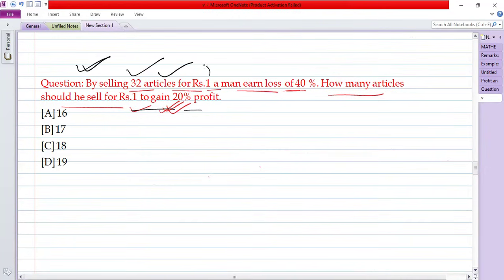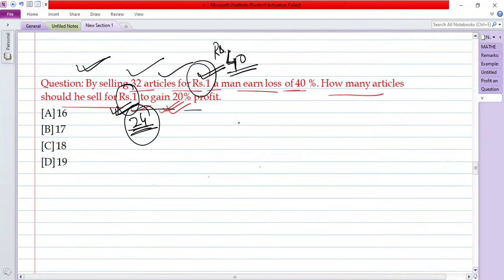Actually, here the selling amount is same. In the previous question, the first selling amount was rupees 40, and the second selling amount was rupees 24. But here it is same, means selling amount is same.